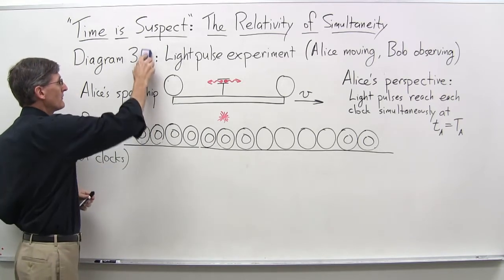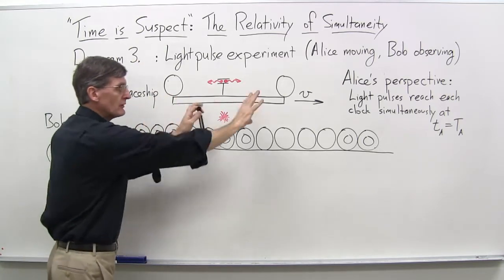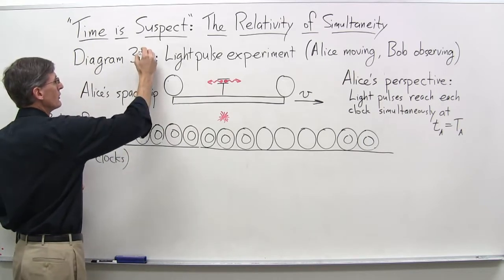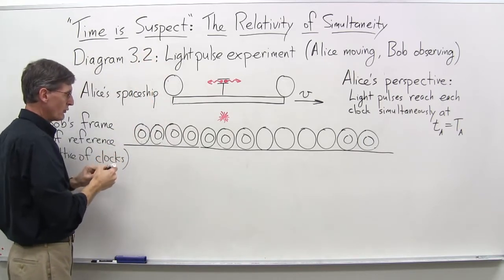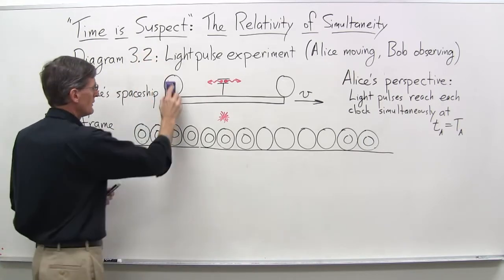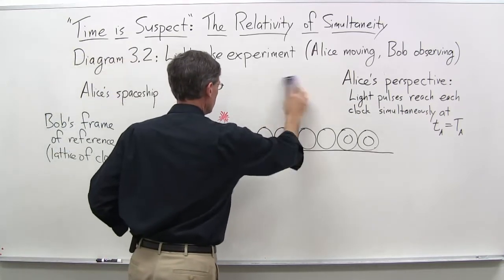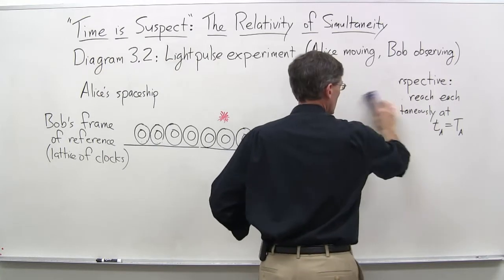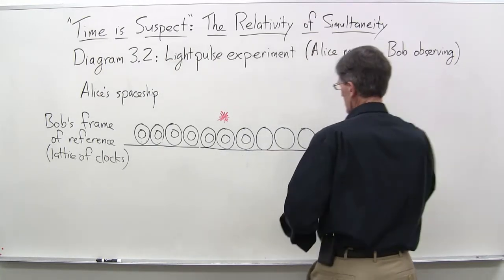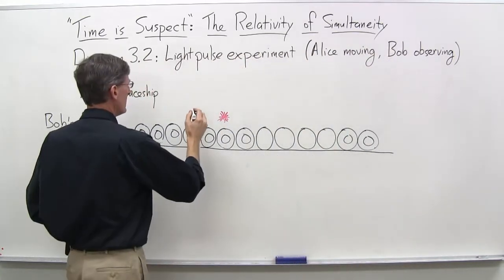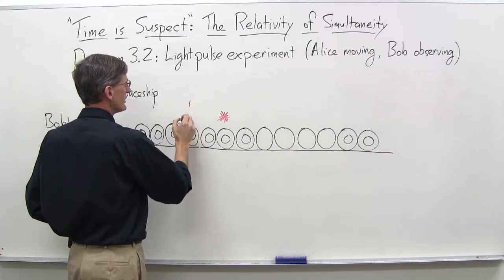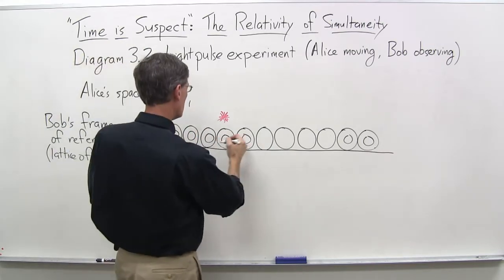Let's move on to diagram 3.2 and just move Alice over slightly here as she's going by. So diagram 3.2. A little room here. Okay, so now her ship is something like this. So let's see, it goes 1, 2, 3, 4.